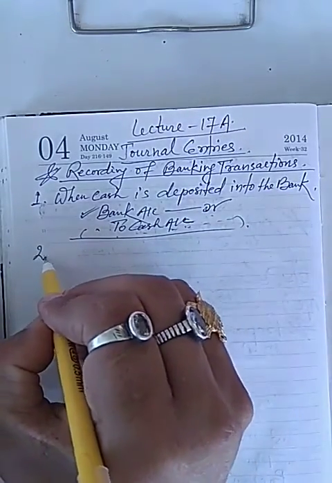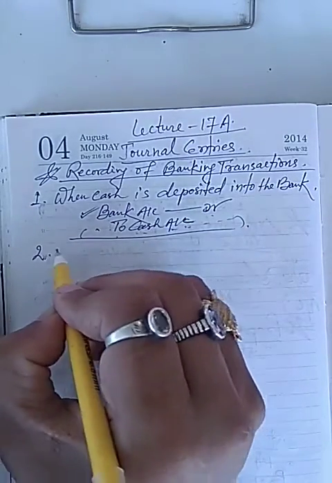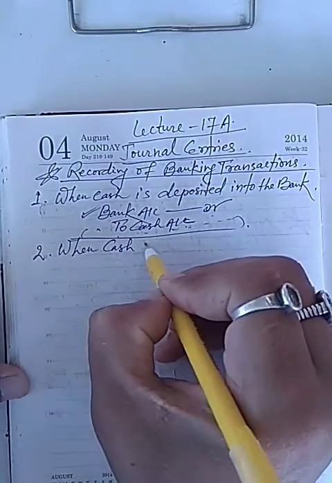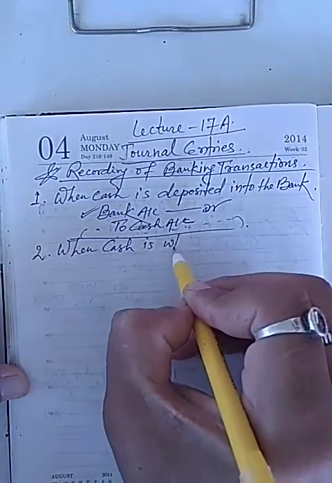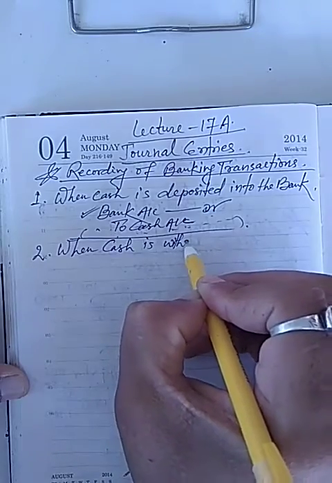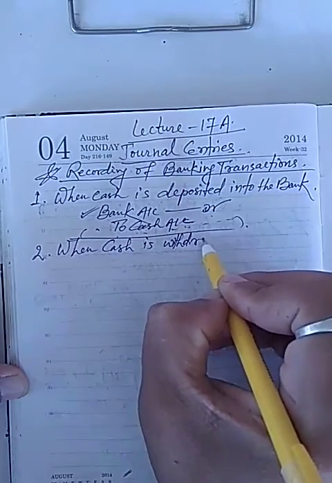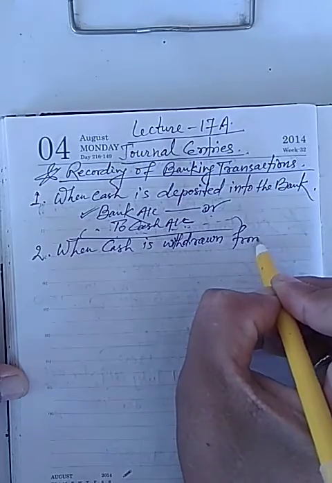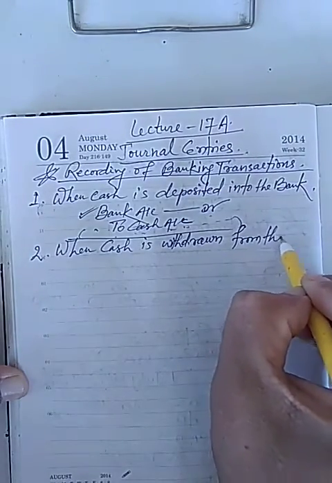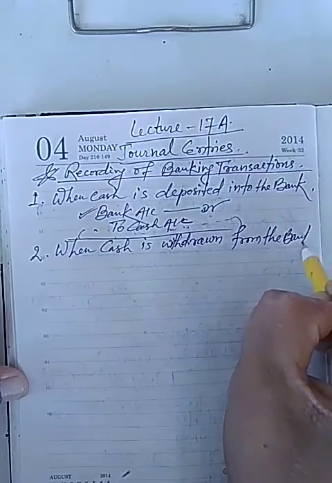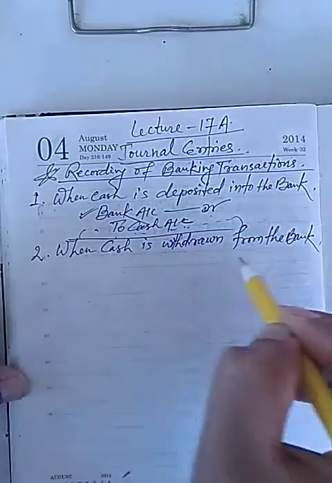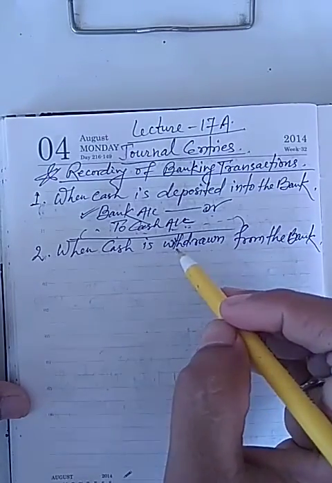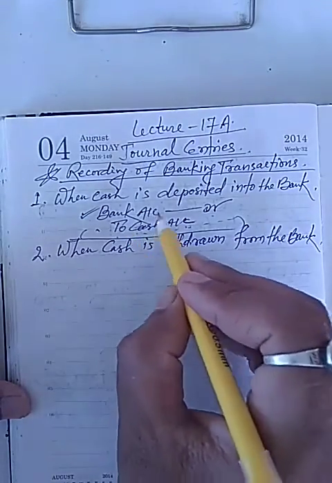Now second point, when cash is withdrawn from the bank, then journal entry will be just opposite.